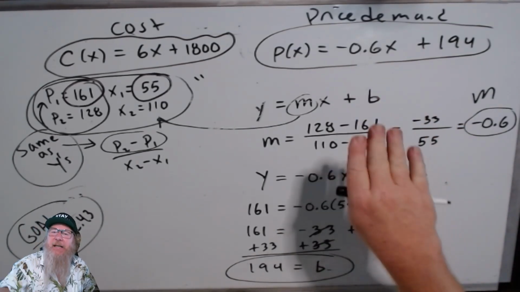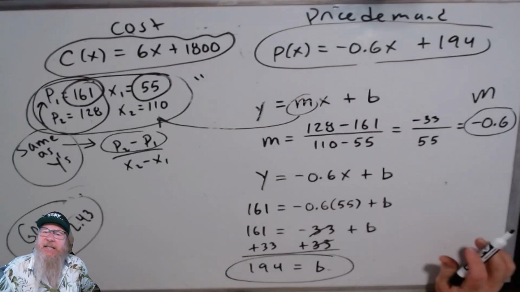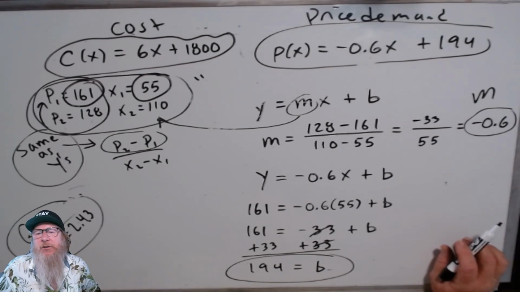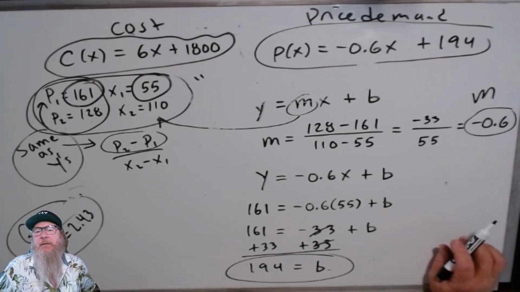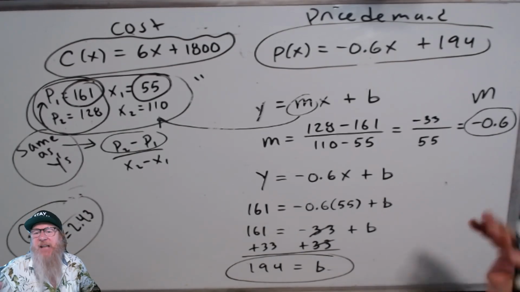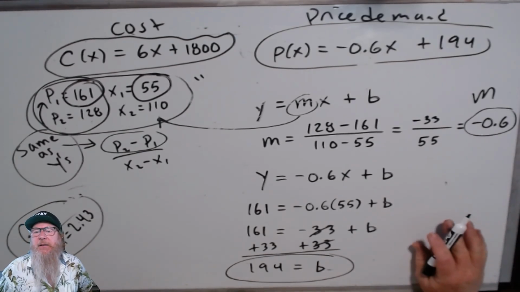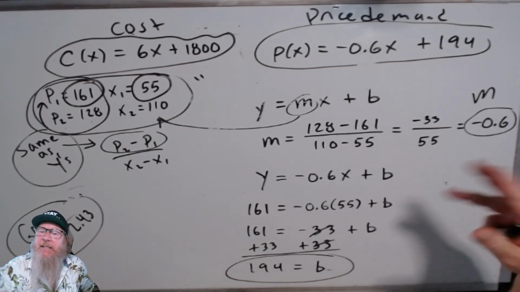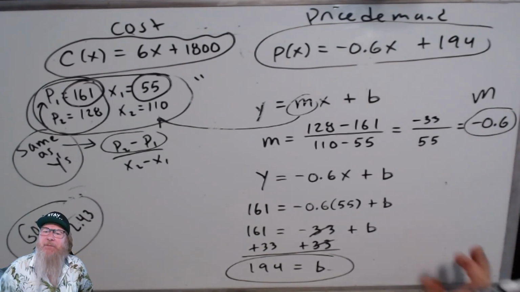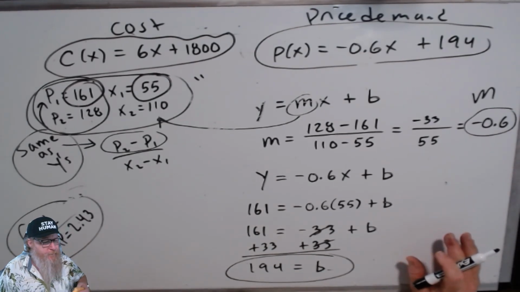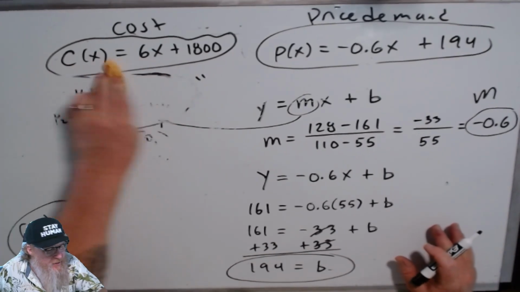So essentially, it's dropping 60 cents for every additional unit that I sell. Yeah. So if I sell more, I can drop the price. Or vice versa. If I drop the price, I will sell more, which is really the optimistic way of thinking about it. Okay, so we're ready to do some calculus now.